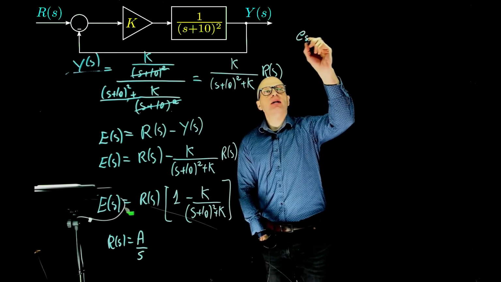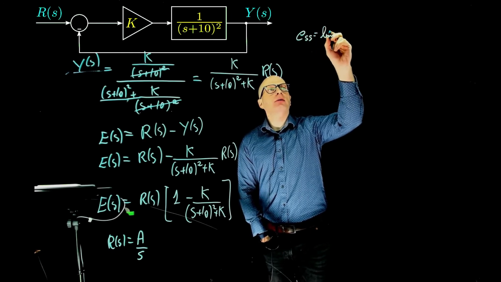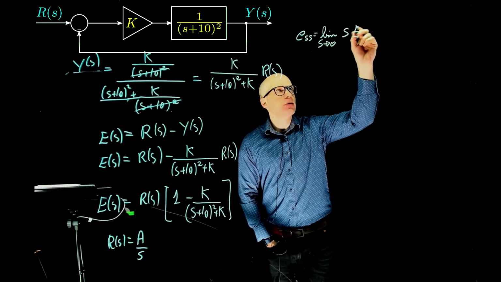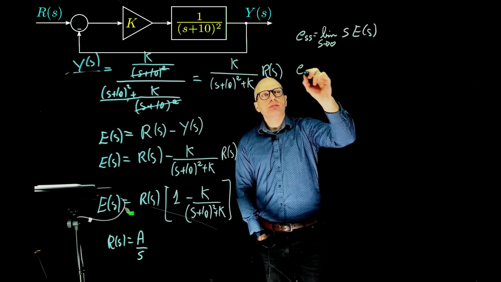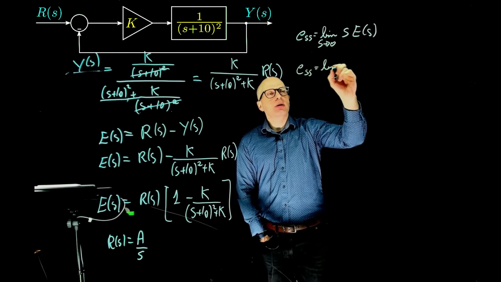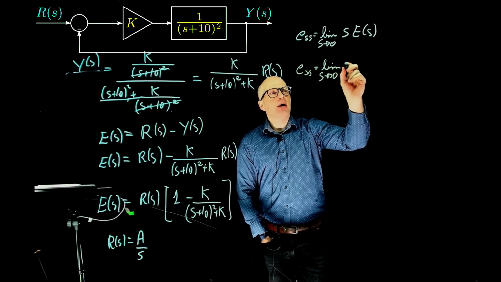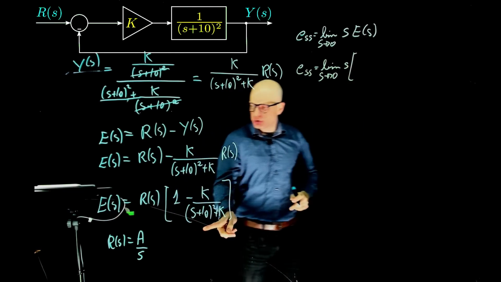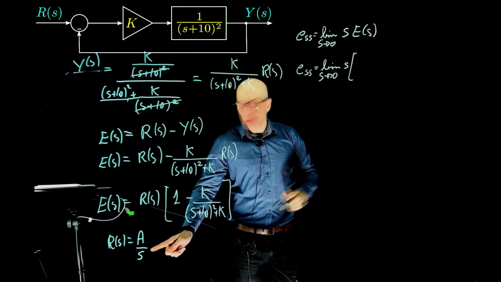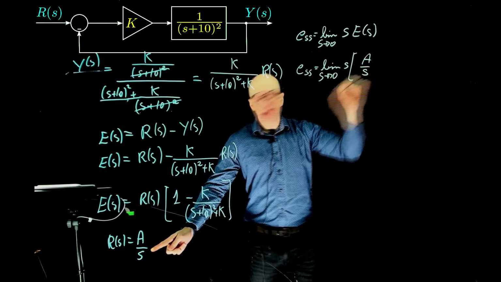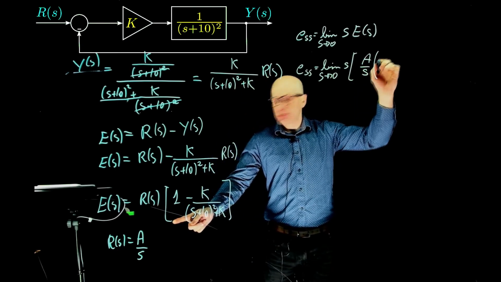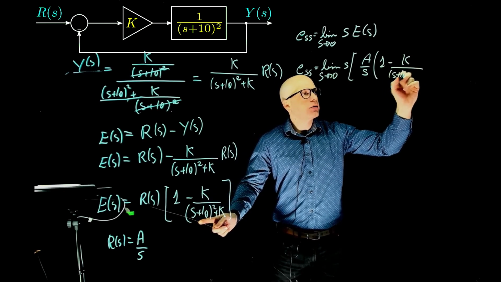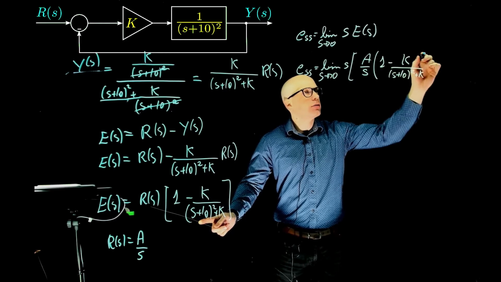The error in steady state is the limit when s tends to 0 of s, don't forget the s from the theorem, times E of s. What is E of s? This is the entire expression here, and now we can replace R with A over s, times 1 minus K over (s plus 10) squared plus K.